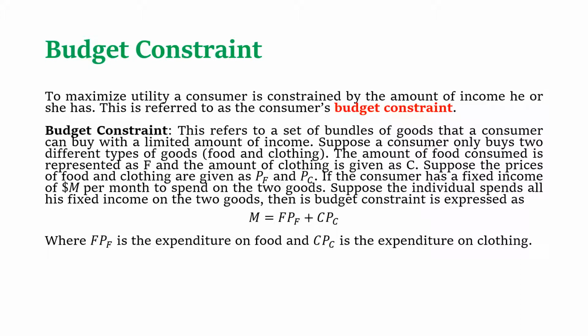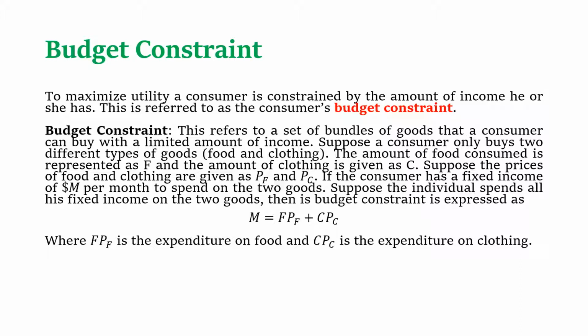So in this particular case, let's say the income is M. If the income of the consumer is M, and then you have two goods, food and clothing. If the price of food is PF dollars and the price of clothing is PC dollars, then the expenditure on food is just the price of food multiplied by the quantity of food.